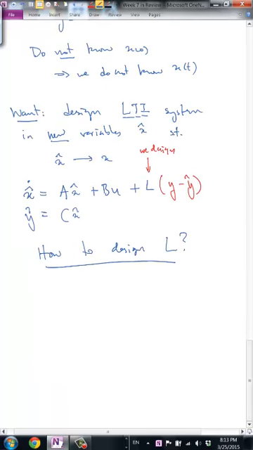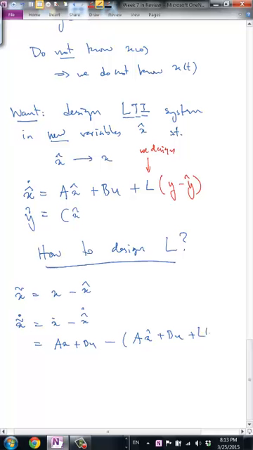So let's write the error. Let's write x tilde as the difference between x and x hat. Now what are the dynamics of x tilde? x tilde dot is just x dot minus x hat dot, and plugging in what we know, this is Ax plus Bu minus Ax hat plus Bu plus L times y minus y hat.